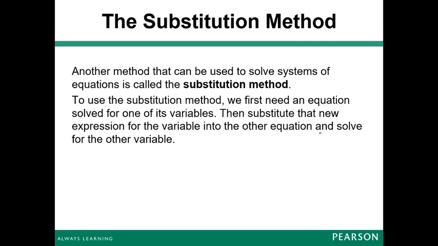It can be used to solve a system of equations without the graph. To use substitution, we first need an equation solved for one of the variables. Then substitute that new expression for the variable into the other equation and solve.